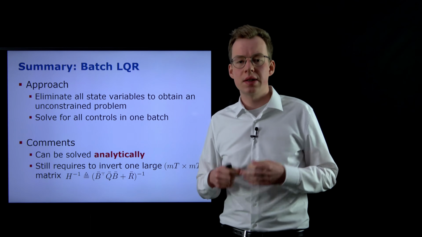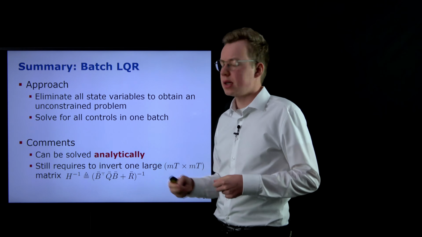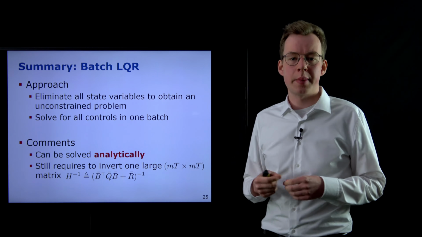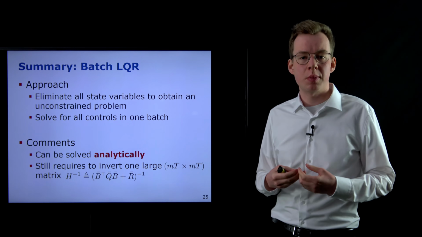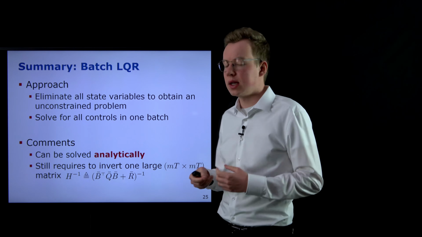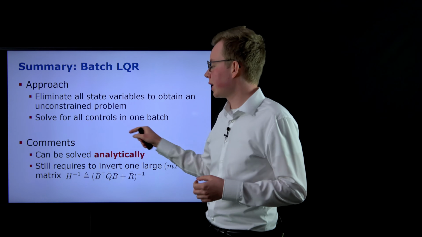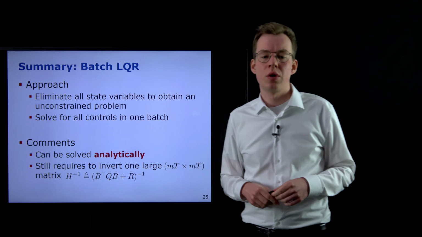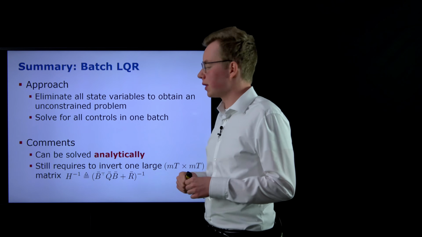To summarize, this approach exploited the fact that we can eliminate the state variables with linear dynamics in a very specific way to write this problem as an unconstrained optimization problem, which we can recognize to be a linear least squares problem. This formulation allows us to directly solve for all controls in one batch.